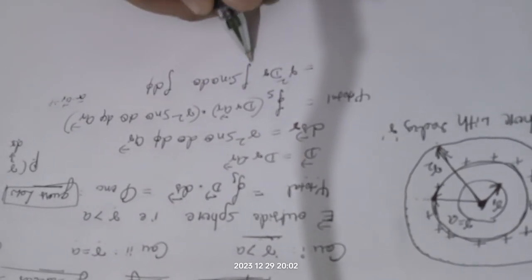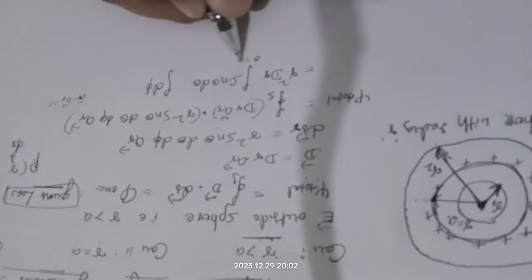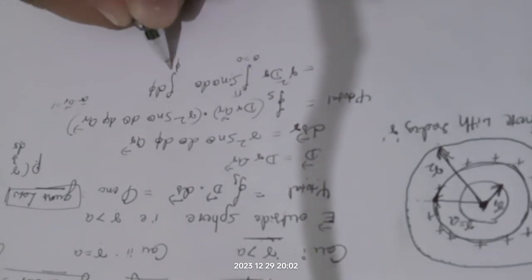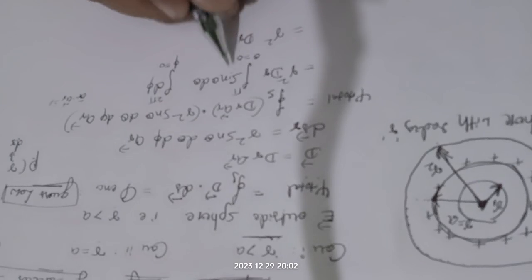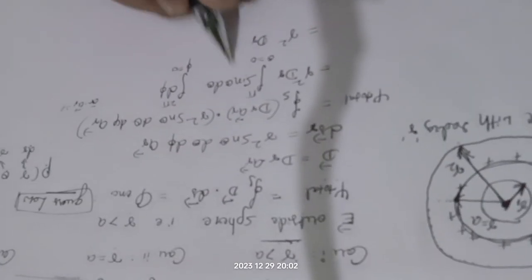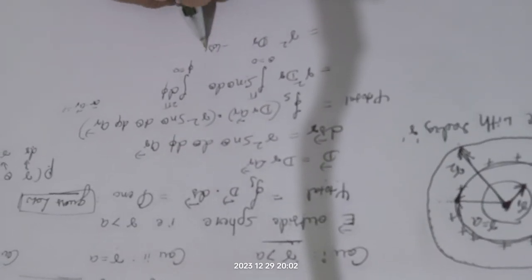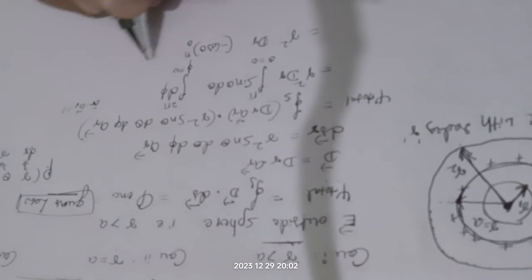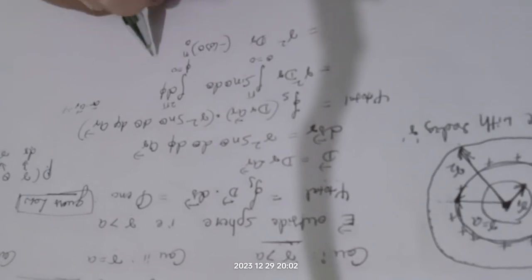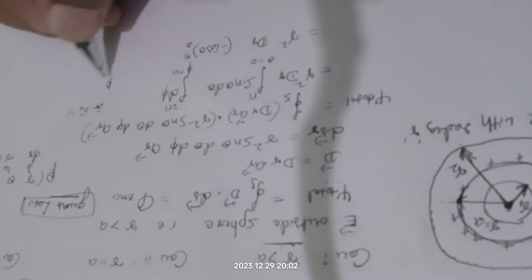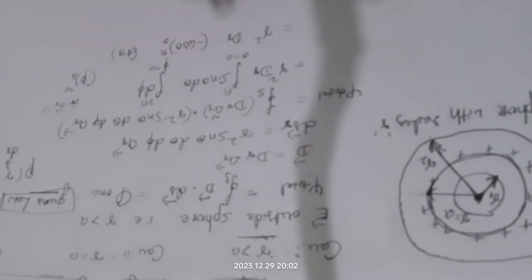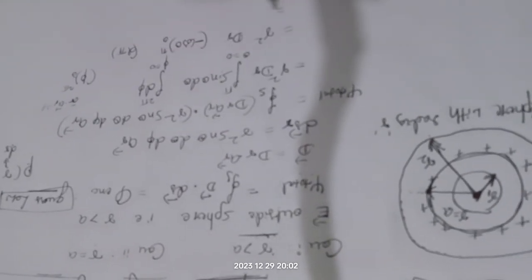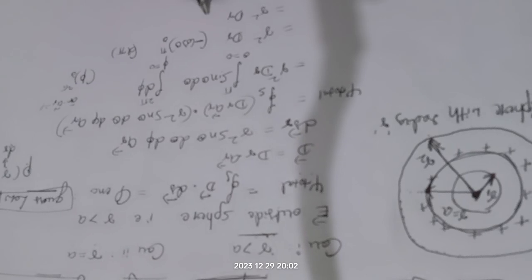For theta the values are 0 to pi, and for phi the values are 0 to 2 pi. So it is D_r r squared. Now find the value of this. We know that the integration of sin theta is minus cos theta, with limits 0 to pi, and for phi the limits 0 to 2 pi give 2 pi.